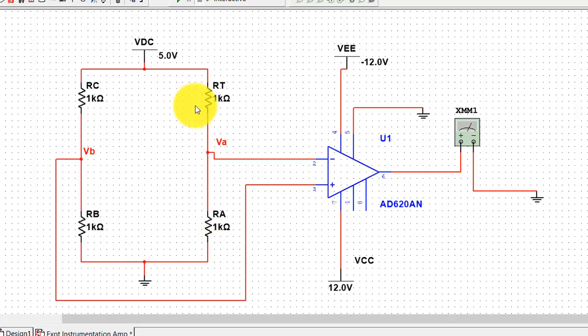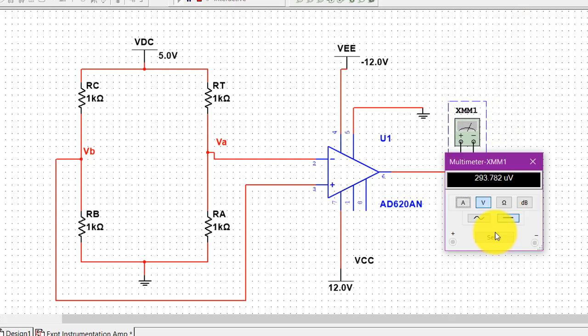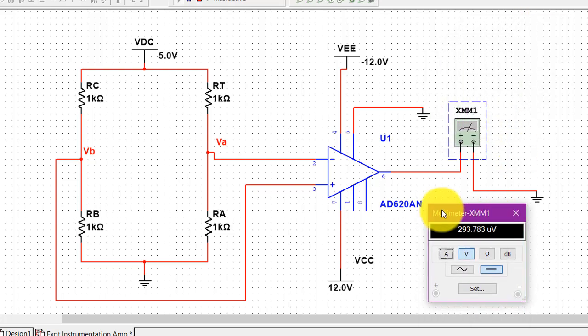So we get 0 voltage at the output, but practically it is not possible. So I can check how much output voltage we are obtaining. You can see over here 293.78 microvolts, so a very small amount of voltage is obtained at the output side, but theoretically we can get the output as 0.